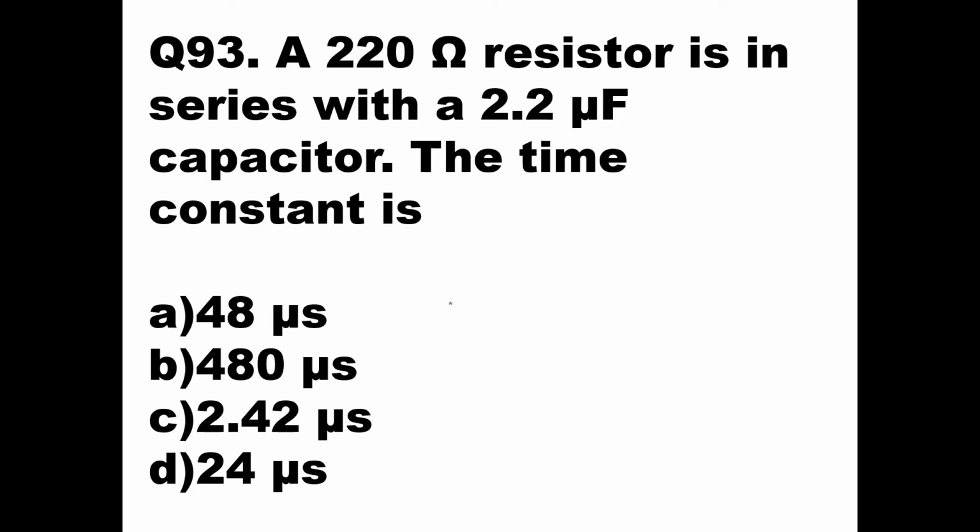So here it is a resistance in series with a capacitor. Resistance is 220 ohm and capacitor is 2.2 microfarad. Then time constant is RC, which is equal to 220 ohms into 2.2 into 10 to the power of minus 6 farads.